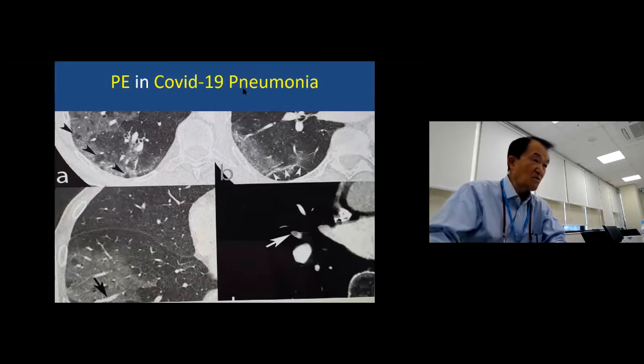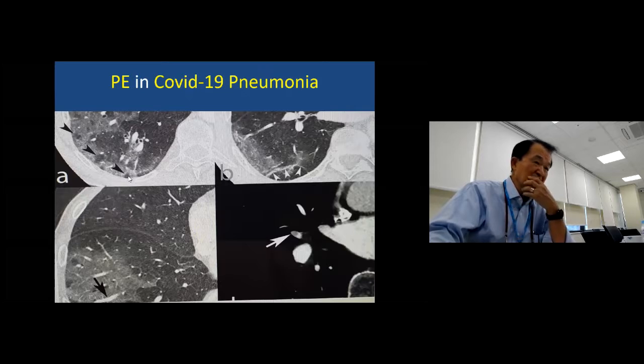And COVID recently shows ground glass. COVID shows lower lobe, peripheral ground glass. And then maybe this kind of small infarct, and small vessels are blocked here. But the patient has pneumonic symptoms.